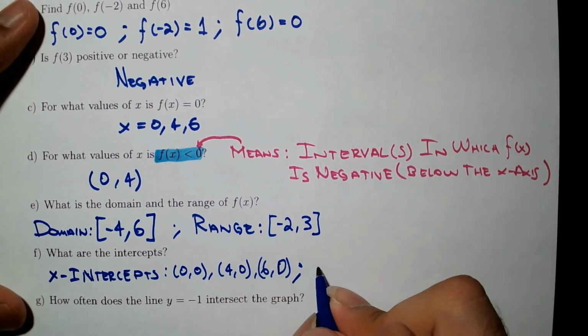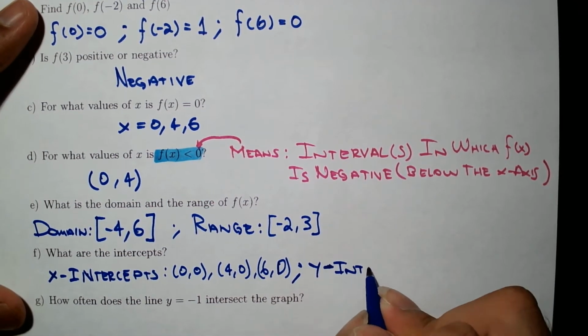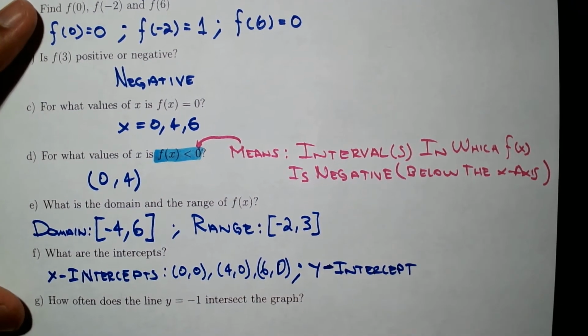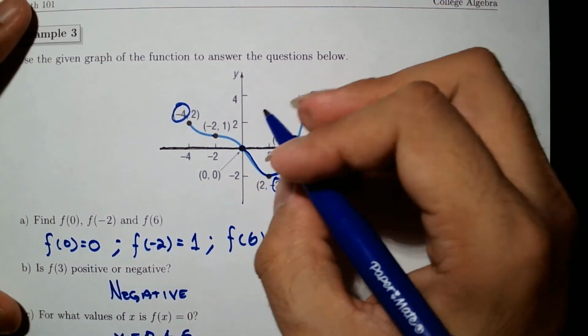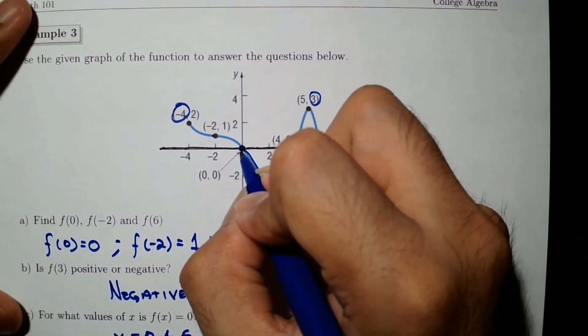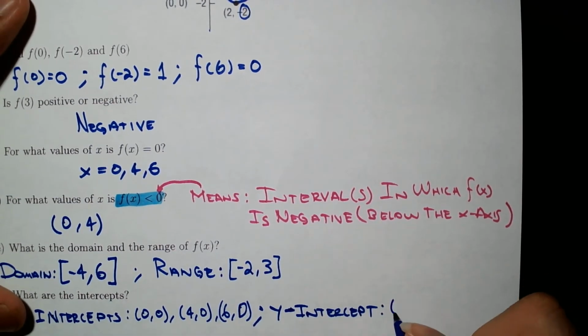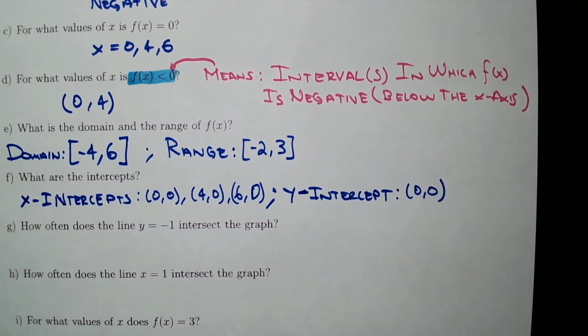On the other hand, the y-intercept is a point in which the graph crosses or touches the y-axis. So in this case, the origin 0, 0.